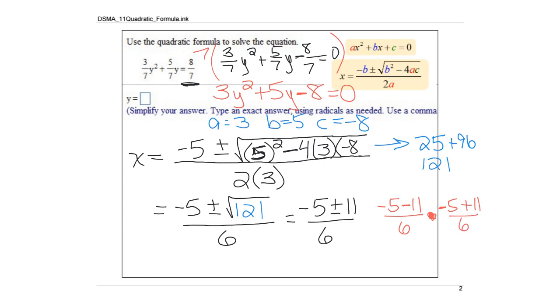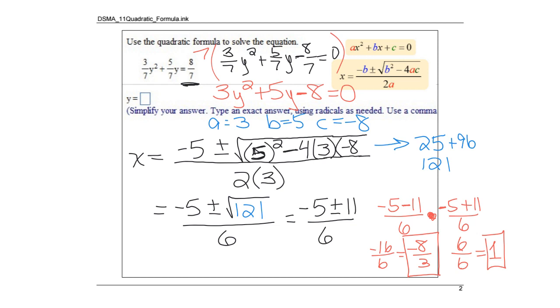So let's see, negative 16 over 6 is equal to negative 8 over 3. So that is one of our answers. And then over here, we get 6 over 6, which is equal to 1. So those are our two solutions, negative 8 over 3 and 1.